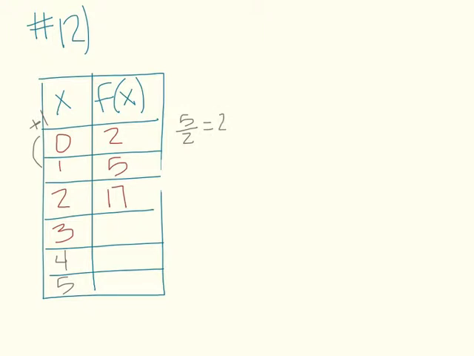Well, that's 2.5, right? So let's see if multiplying by 2.5 would get us to 17. So in our calculators, all we have to do is say 5 times 2.5 equals, no, doesn't give it to us, right? Doesn't help, it's not the same pattern.